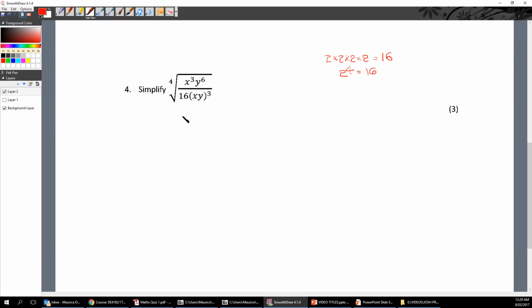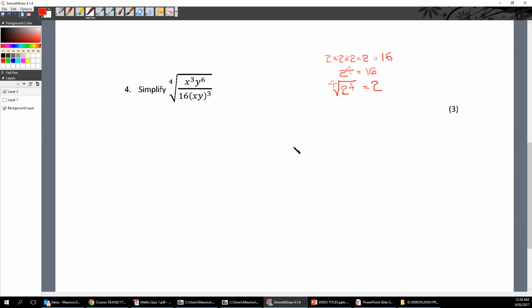And we've got a sort of fourth root here. Now the fourth root of 2 to the power of 4, which is 16, equals 2. So that's sort of handy to know.